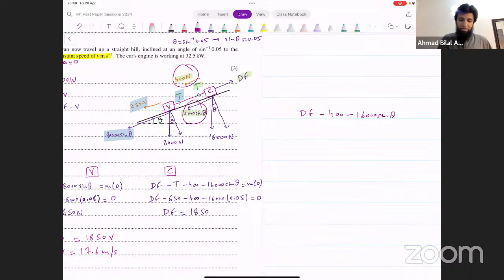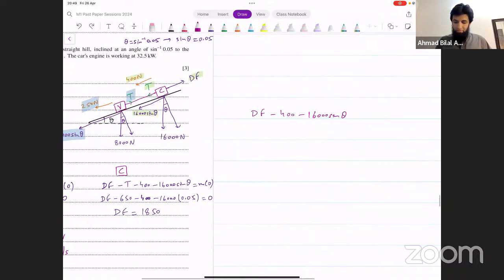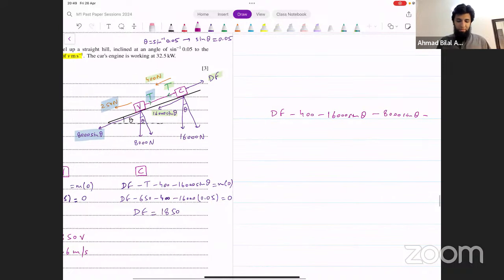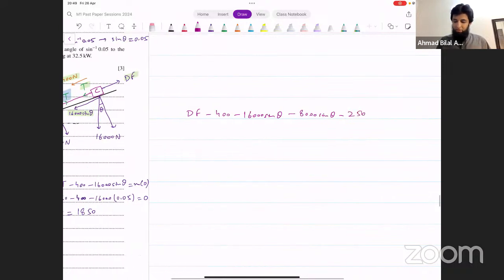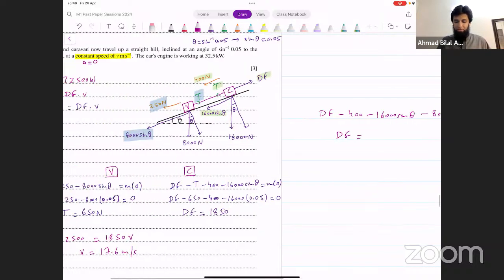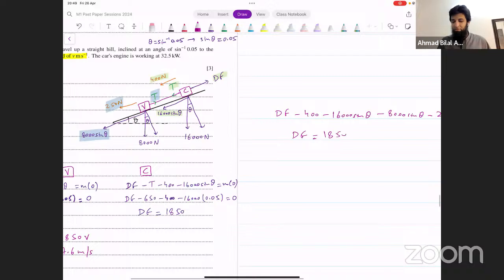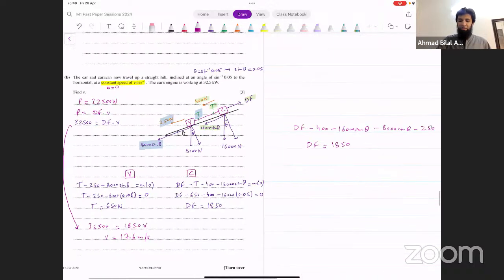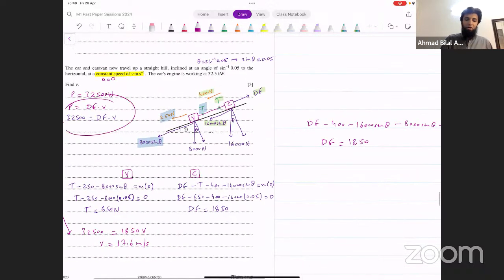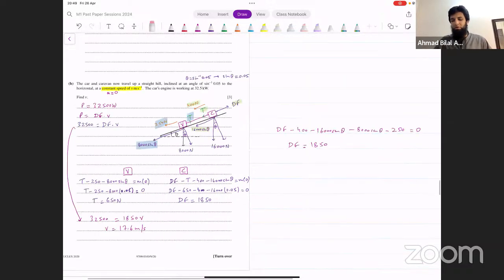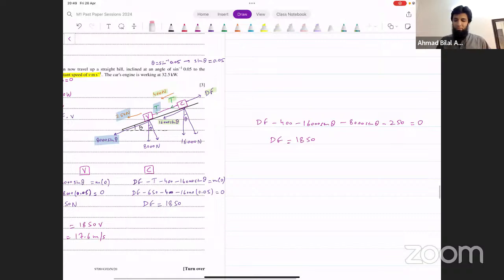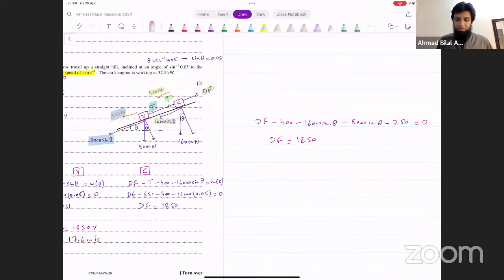These are the backward forces, right? Minus 8,000 sine theta minus 250. That equals 0. And that would have given you driving force directly. And that was 1850. And then you could just input that back in that power formula to get the corresponding speed for that. This could be another way of thinking about this. You could also do it this way, as a whole system.